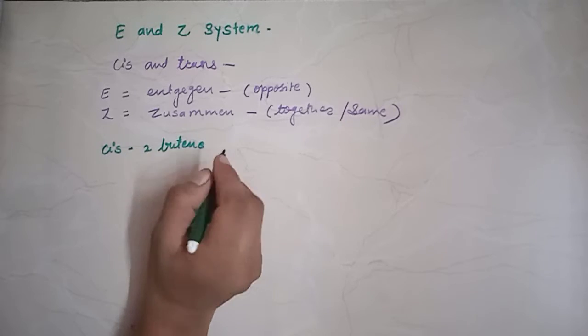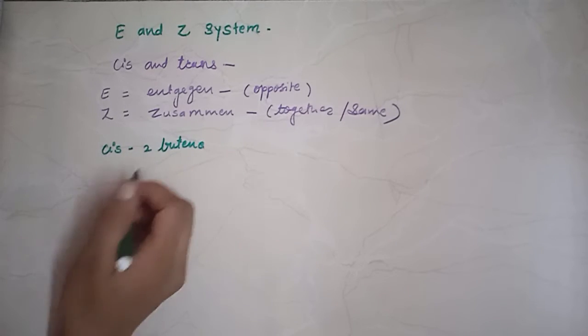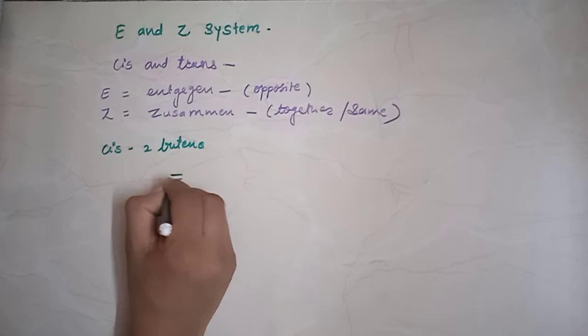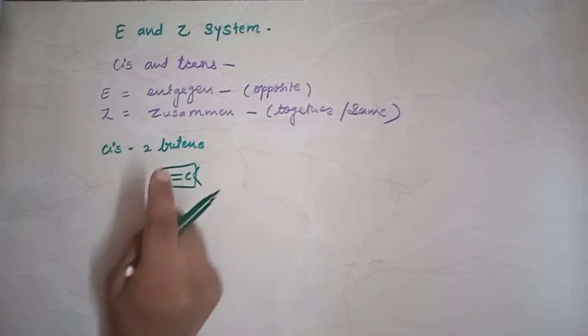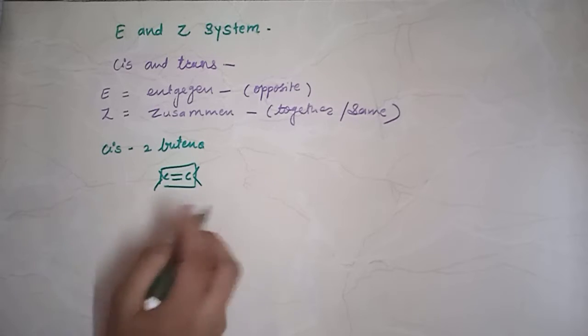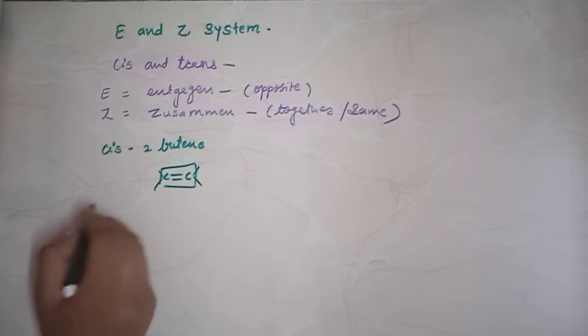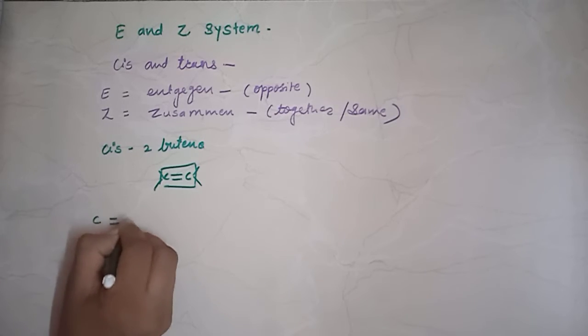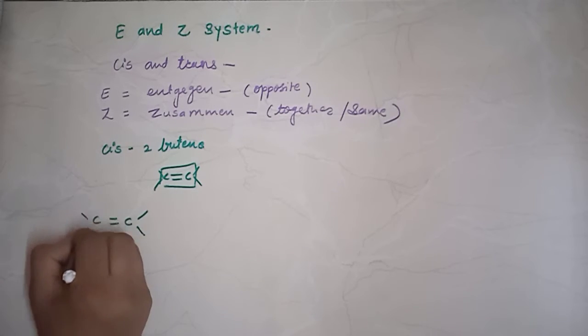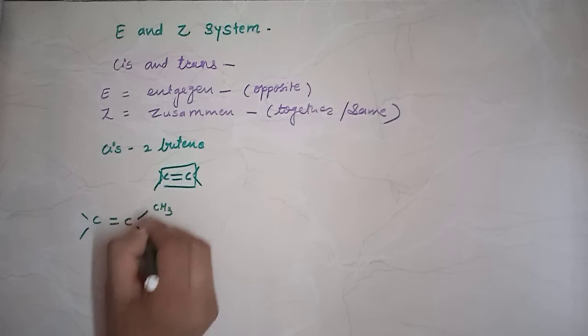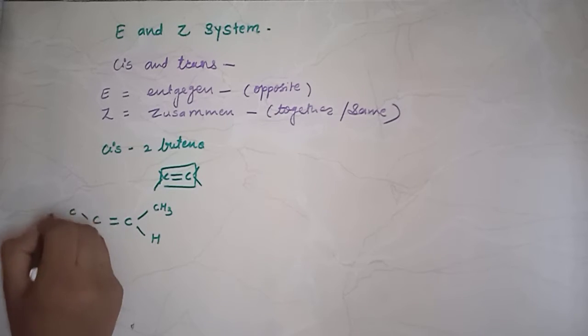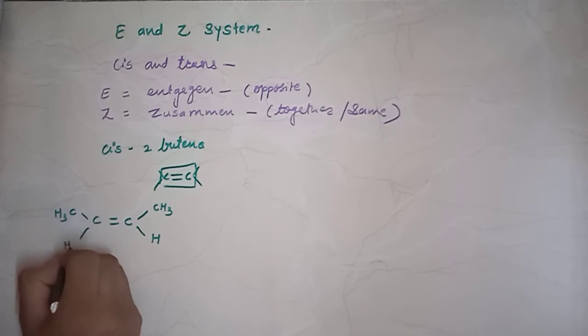Before going to draw the structure, first we understand one concept: this system is related to the carbon double bond. So draw the structure for 2-butene: carbon double bond carbon, and here CH3 and hydrogen, CH3 and hydrogen. This is a cis compound.